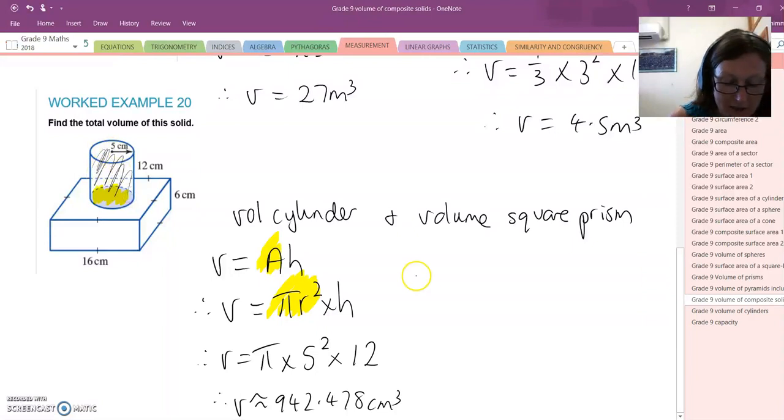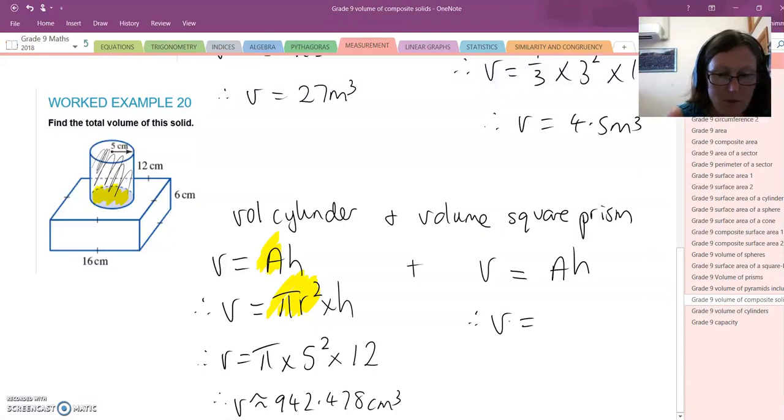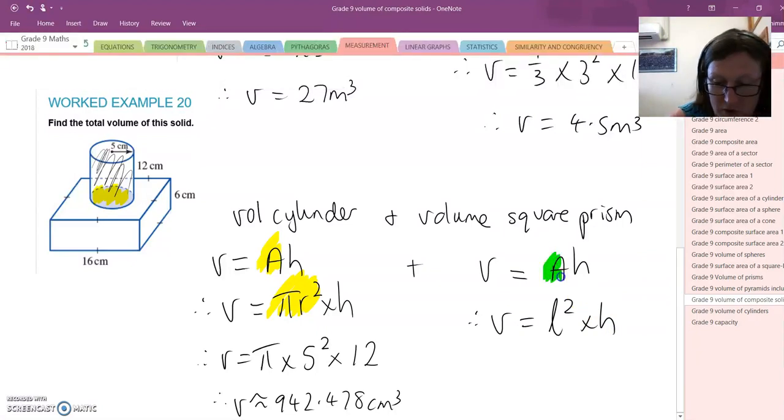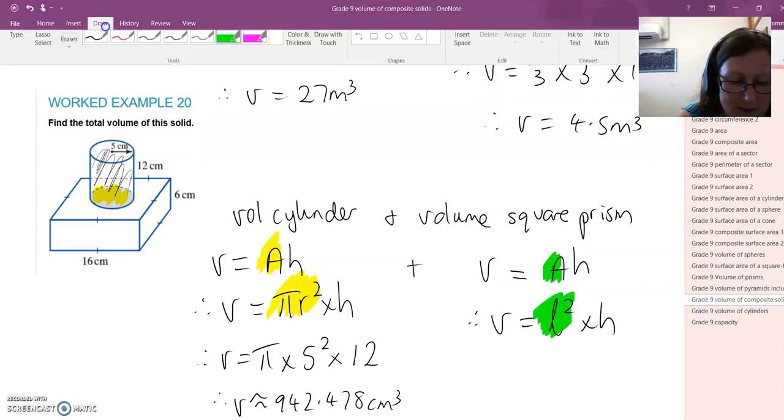I then need to work out the volume of the square prism. The formula for the volume of a prism is V equals AH. We then see what the base shape of this prism is. The base shape of this prism is a square. The formula for the area of a square is length squared. So again, instead of A, the area of the base, I've changed that to length squared because the base is a square.